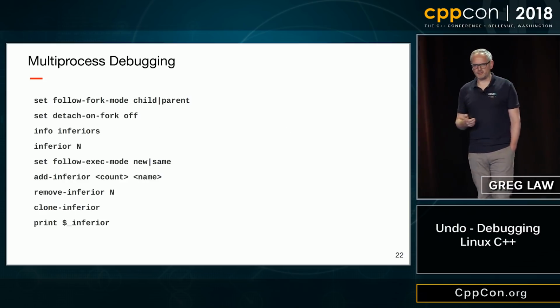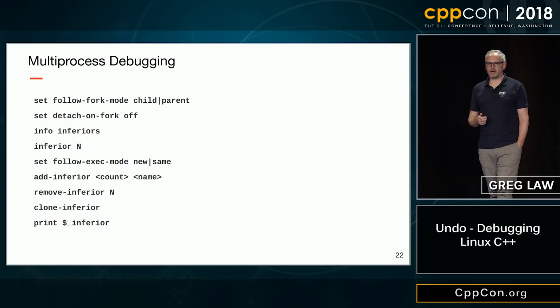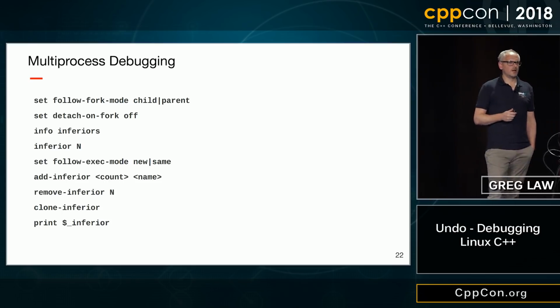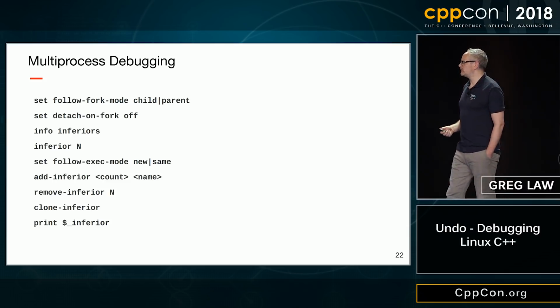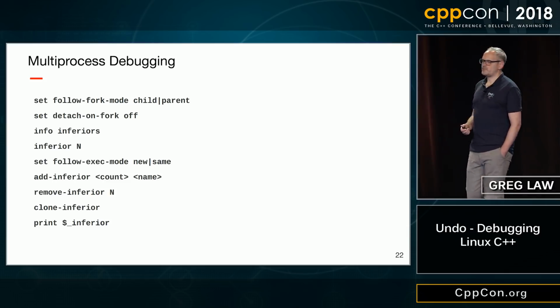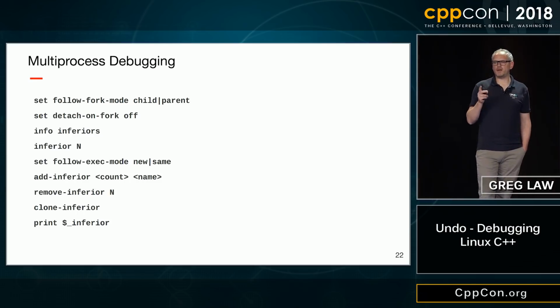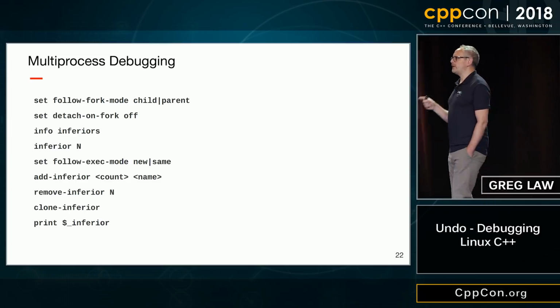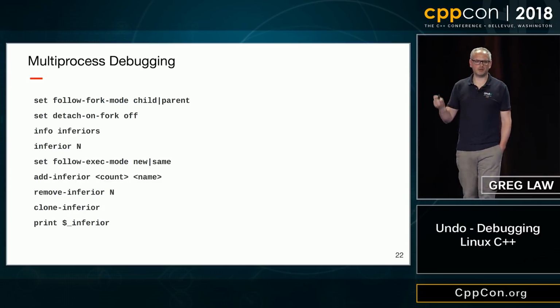Yeah, you can do multi-process debugging, which is good, but we're running out of time. But very quickly, I can debug multiple processes at the same time. And it looks very like debugging a multi-threaded application. So you set follow fork mode child or parent and, actually the key one is, set detach on fork. By default, GDB will detach on a fork from one of the parent or the child process, depending on what you set the follow fork mode to.